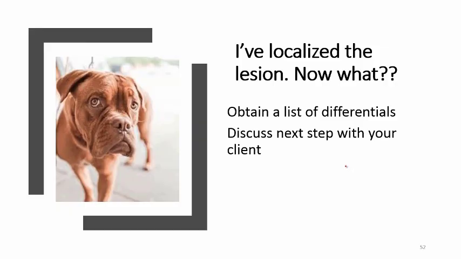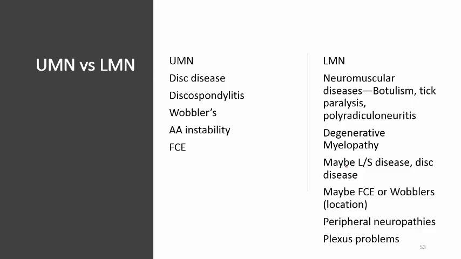And so now that you've localized the lesion, let's say you have a T3 to L3 myelopathy, what do you do? Well, you're going to obtain a list of differentials and discuss the next step with your client. So this is just a quick little list that I have for you. Upper motor neuron versus lower motor neuron. There's lots fewer things on the upper motor neuron side, but disc disease, wobblers, discospondylitis, FCE, atlantoaxial instability, we see these all the time.